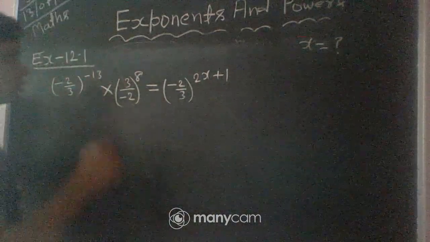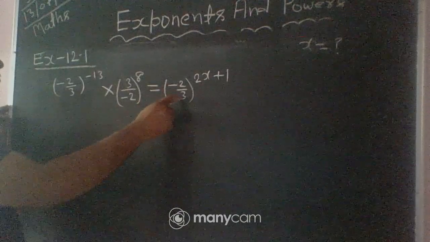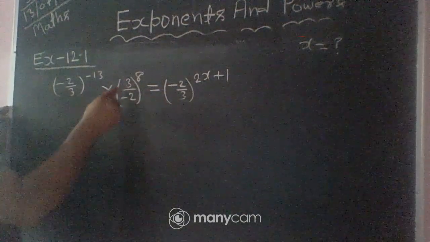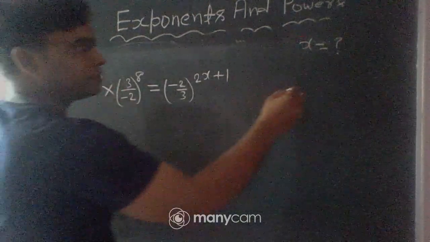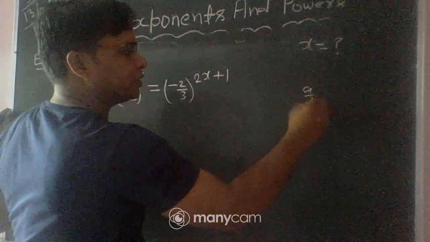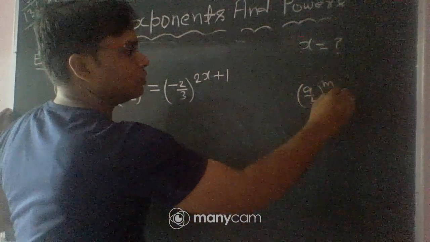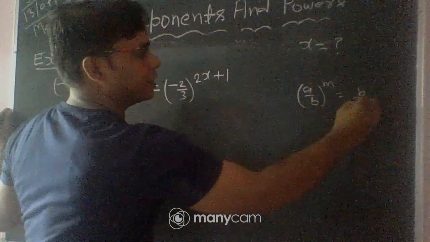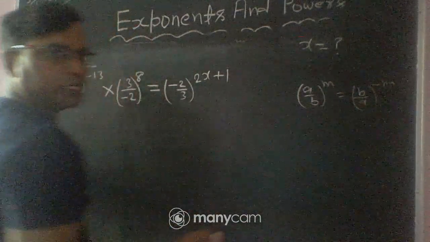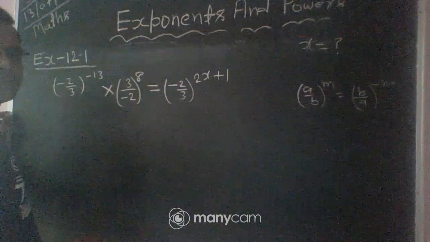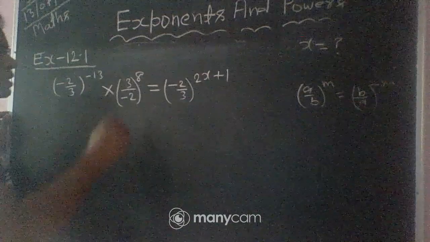Okay, so here minus 2 by 3, here minus 2 by 3, this is 3 by 2. We change it. You know very well a by b power m you can also write as b by a power minus m. So according to this law of exponents, we can change it.